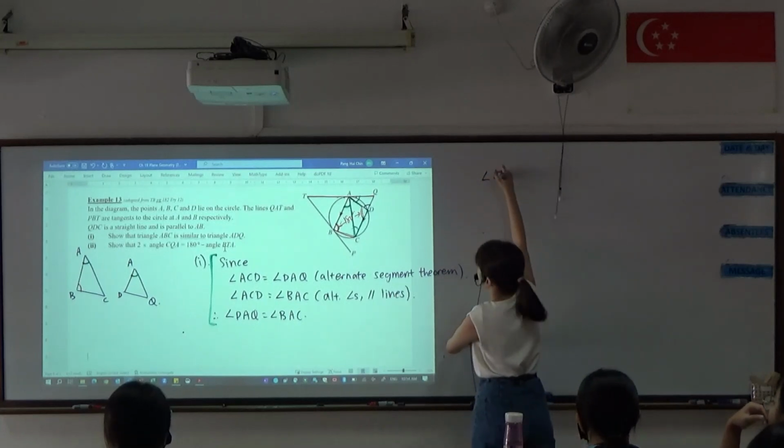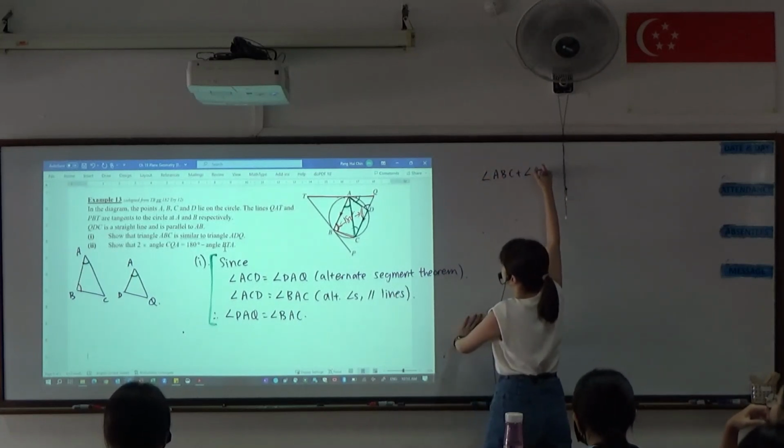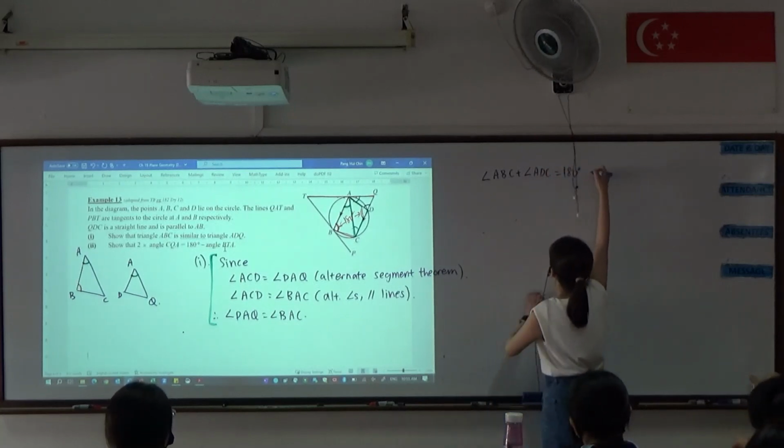We said that angle ABC plus angle ADC equals 180 degrees.